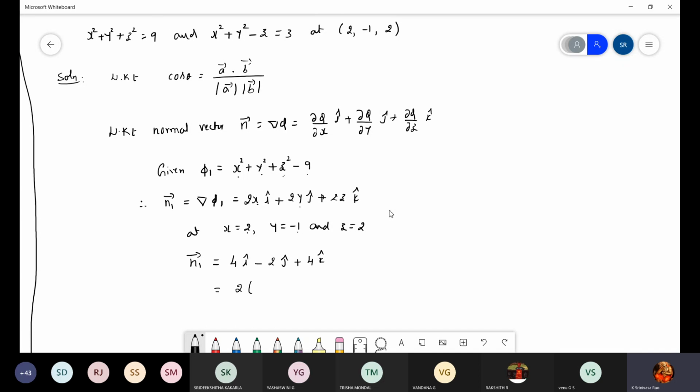Taking 2 common, you get 2i minus j plus 2k. So this is n1. Now calculate its magnitude.